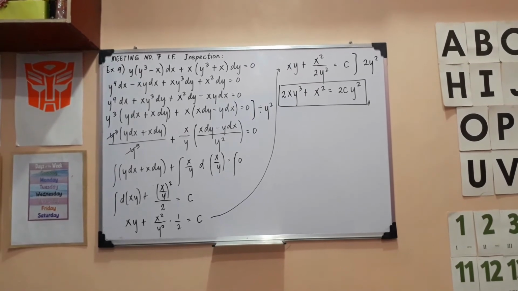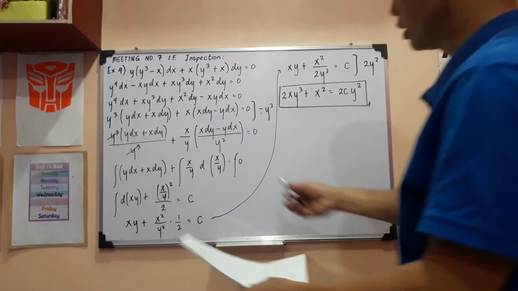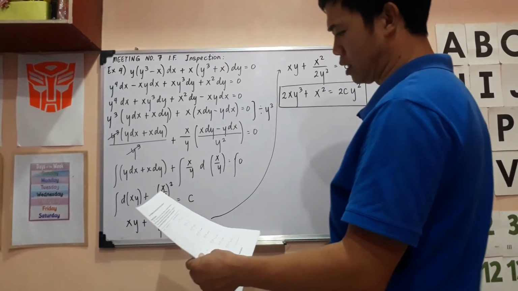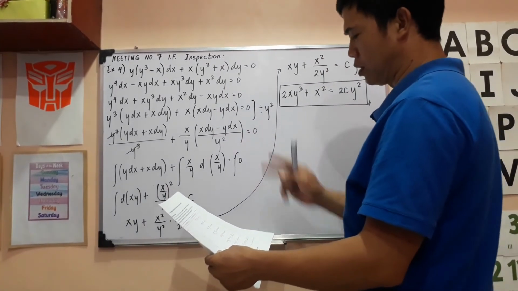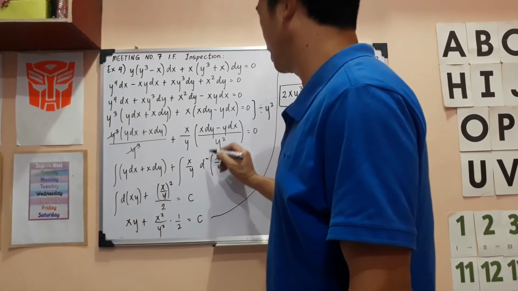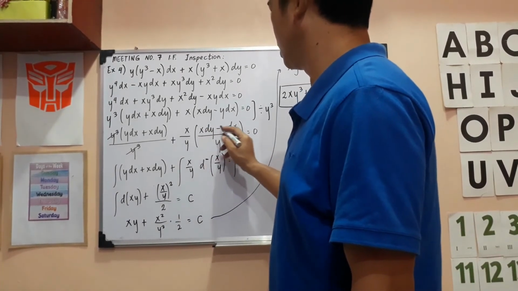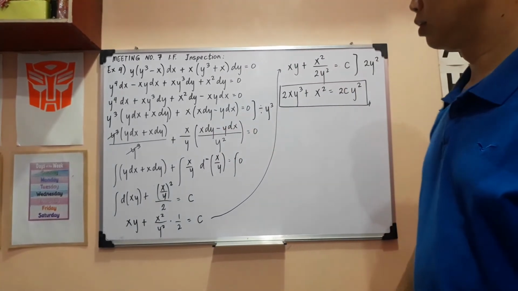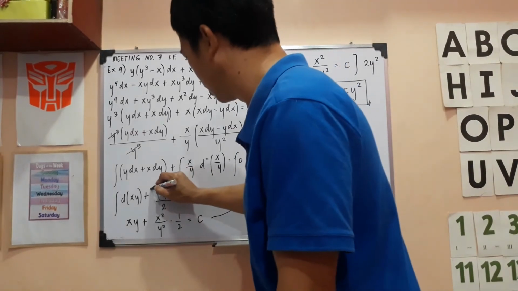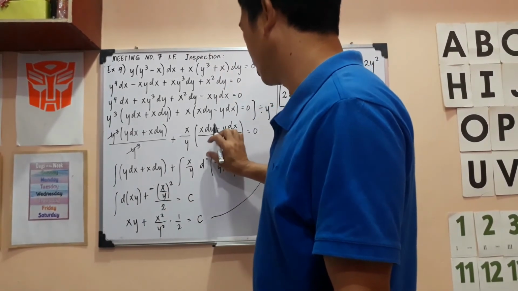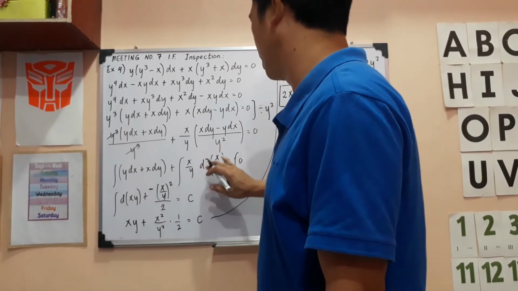Guys, for correction, kung mapapansin nyo sa table, baliktad ito. Dapat y dx minus x dy. No? So, sa pangalawa yon. So, paano gagawin natin? Magiging negative ito. Pag negative yan, magiging negative x dy plus y dx na or y dx minus x dy. Sakto na yon. So, ibig sabihin lang ito ay negative ito. Negative. No? So, negative itong value na to, derivative of this negative value, no?